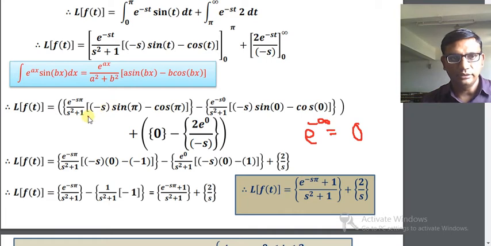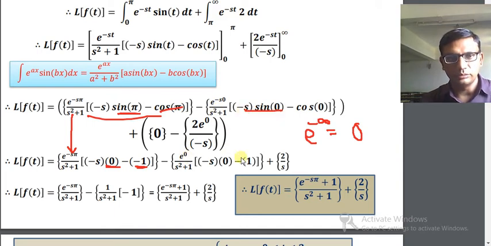After simplifying this upper and lower limit, here sin pi is 0, so this term will be 0. Cos pi is minus 1, so this term will be minus 1. This is as it is, and e raised to 0 is 1, so it will be 1.